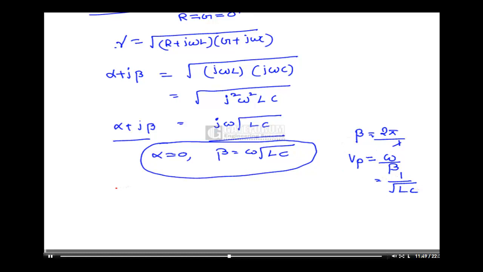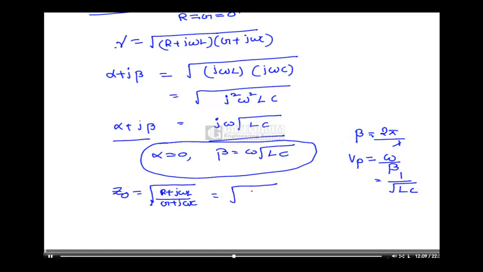Similarly, for a lossless line, what is the characteristic impedance Z0? Z0 is equal to the square root of (R plus j omega L) by (G plus j omega C). Substitute R is equal to 0, G is equal to 0.